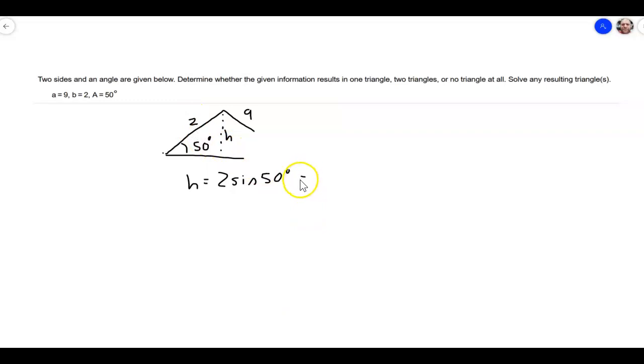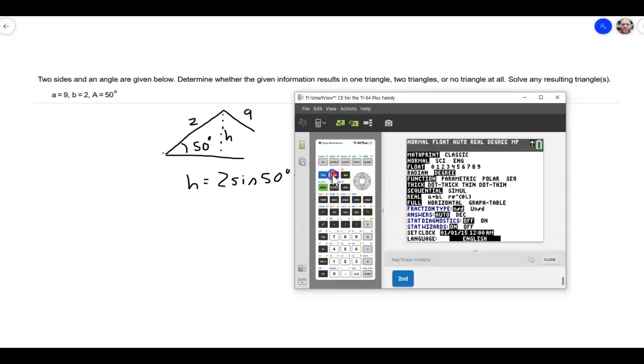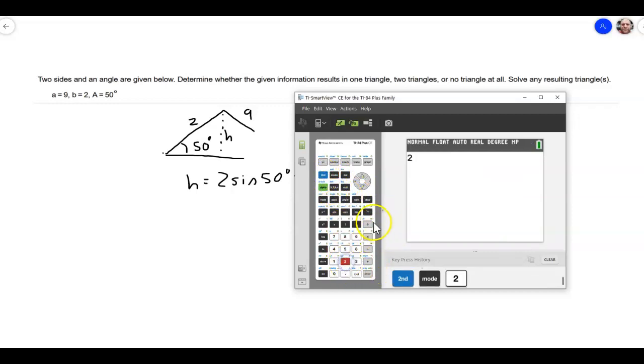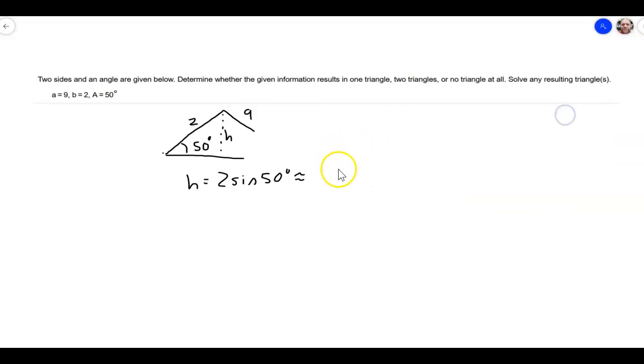So this is going to be approximately, I'll use my calculator here. Make sure I'm in degrees. So 2 times the sine of 50 degrees. And so we are going to 1.53. Is that right?